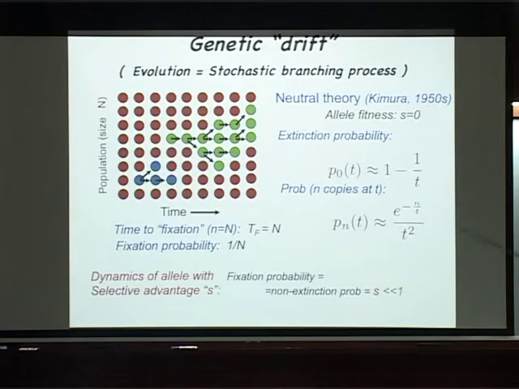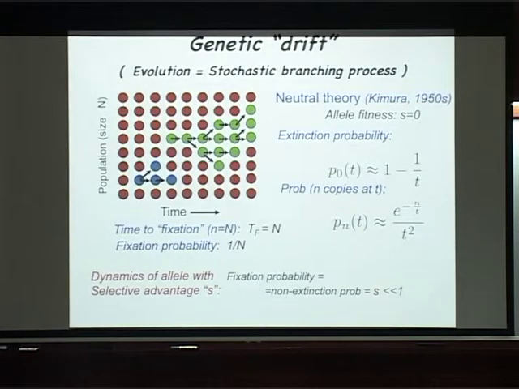And that is given by a simple little formula. This probability is exponential in the number of copies, with this 1 over time, just like the Boltzmann factor.